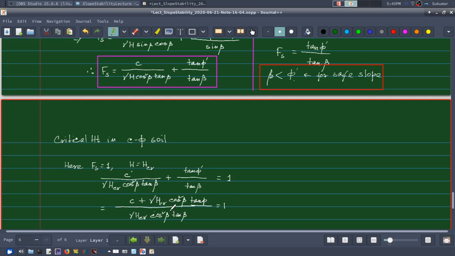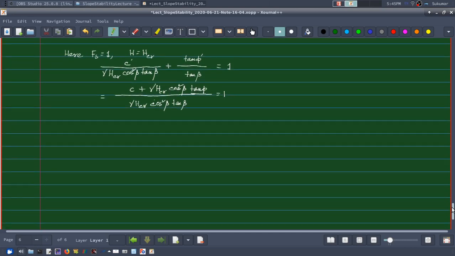So H critical, from here I can get, let me write it here. Now I'll write it as sine beta cos beta.